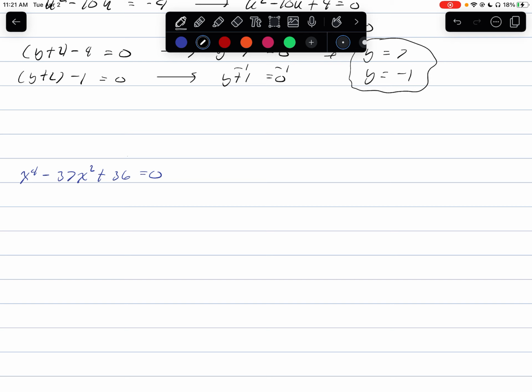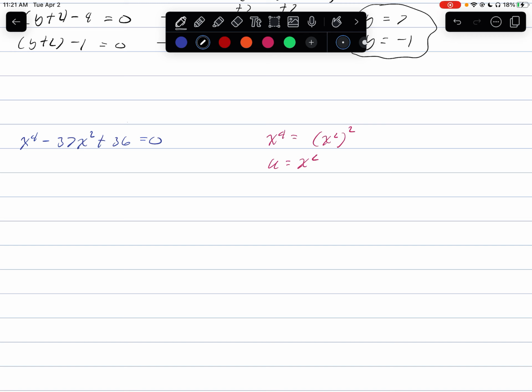So here, what we can notice is that x to the fourth is equal to x squared squared, because 2 times 2 here is going to give us 4. So what we can do is we can let u equal x squared. Okay, let's see if this will make it a little simpler here, right?